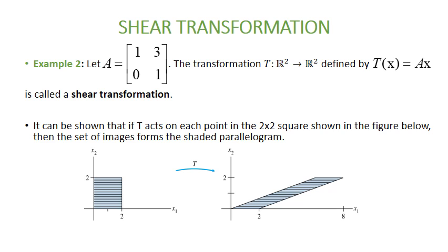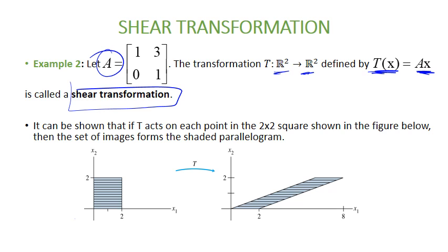In this section, you will see information regarding shear transformation. It may be helpful for you to read through this, but overall it's pretty straightforward. Basically, if you start off with A, then this transformation in the same space is defined as T(x) equal to Ax. So it's just this shear transformation.